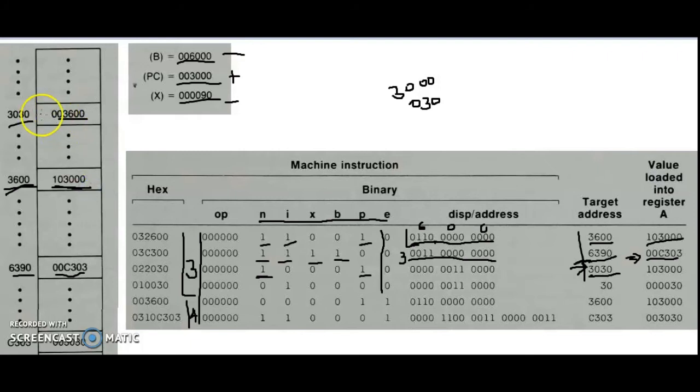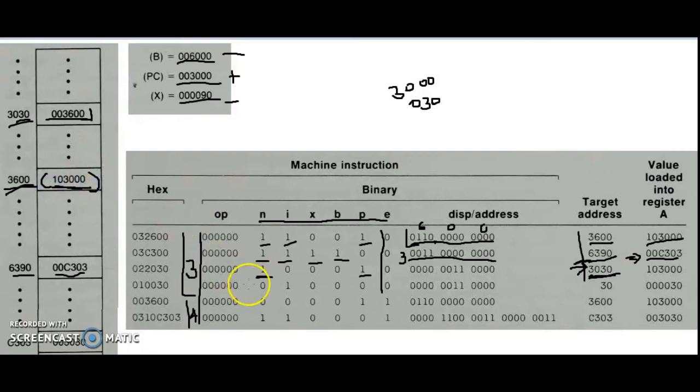3030 is the target address you have computed based on the instruction that is given, and in that address you will be having one value, that is 3600, which is the address where the actual value is stored.